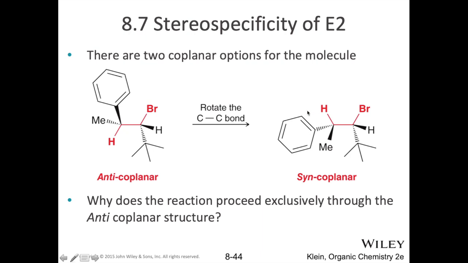We actually see the anti one exclusively. Just from a steric standpoint, you've got some steric hindrance from this bromine here, but you've also got to consider that this is an eclipsed transition state, so all of these bulky groups are overlapping each other essentially.